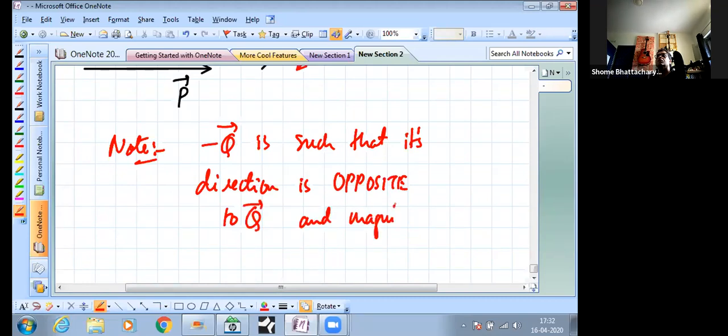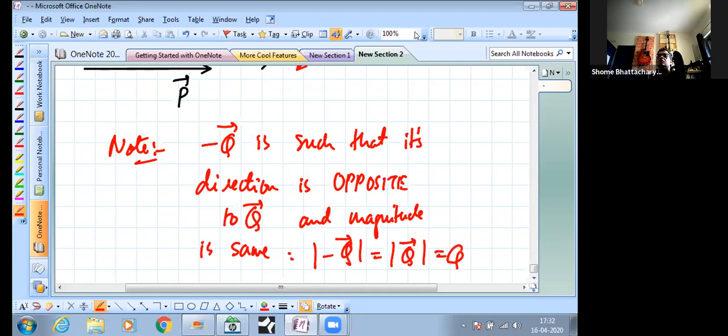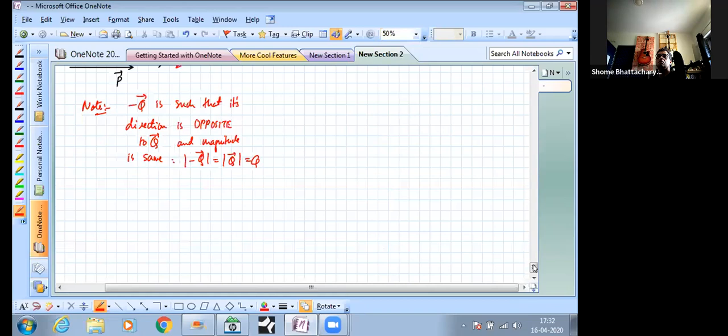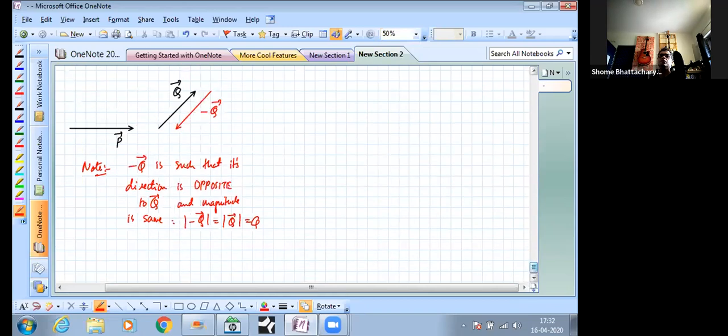Okay, or in other words, we can say the magnitude of the minus Q vector is the same as the magnitude of the Q vector, which we can give with a symbol Q. Okay. So just first of all, go through this information before we continue further with the question. Okay. So this is the interpretation of Q and minus Q, like this.